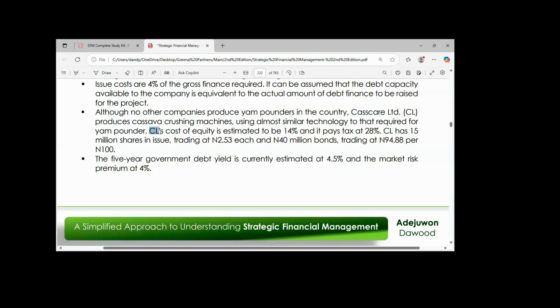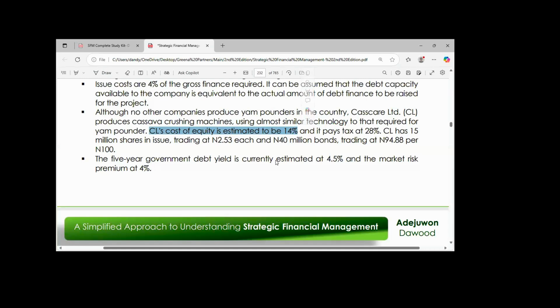So now we are given the information of the proxy. Examiner told us that Cascare Limited cost of equity is estimated to be 14%. Remember what I told you. Whenever you want to calculate cost of equity on geared, it will depend on the information of the proxy company given to you.